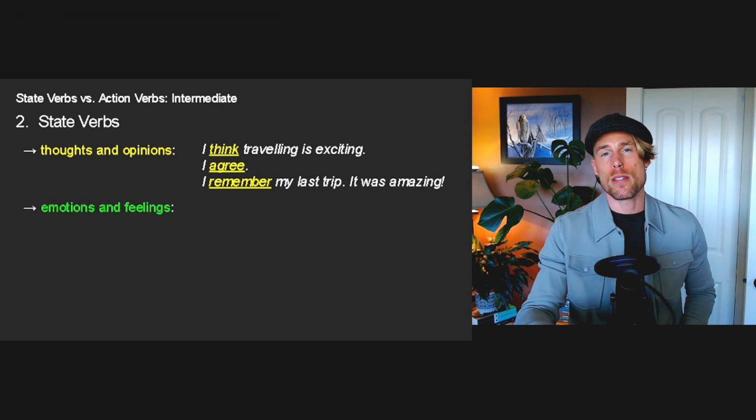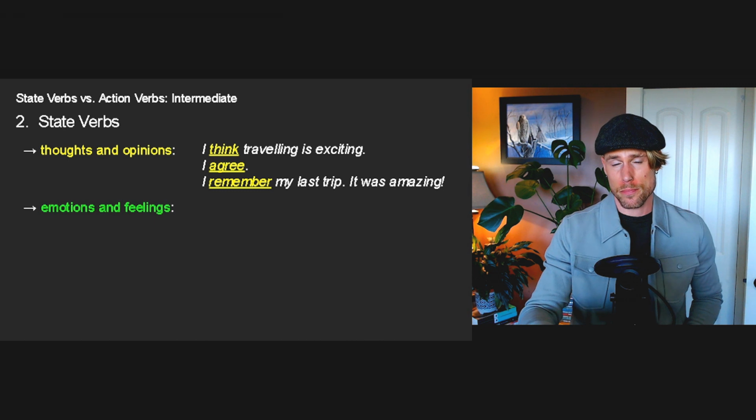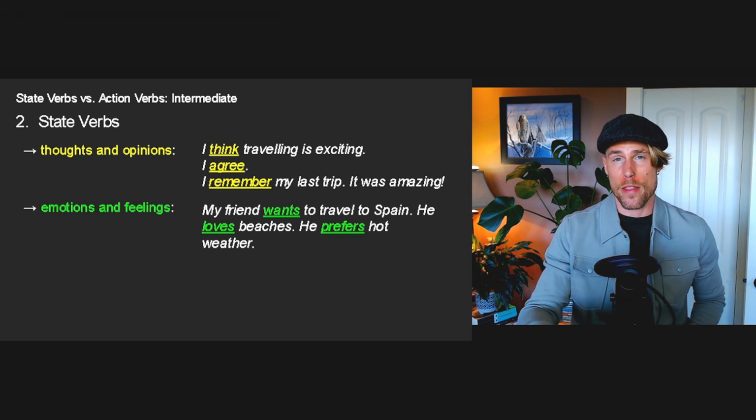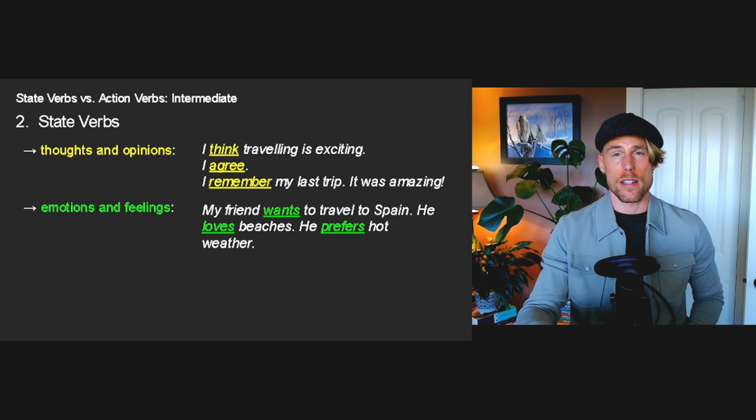Okay, emotions and feelings in green. My friend wants to travel to Spain. He loves beaches. He prefers hot weather. Wants, loves, prefers. These are verbs that show emotions and feelings about a given topic.